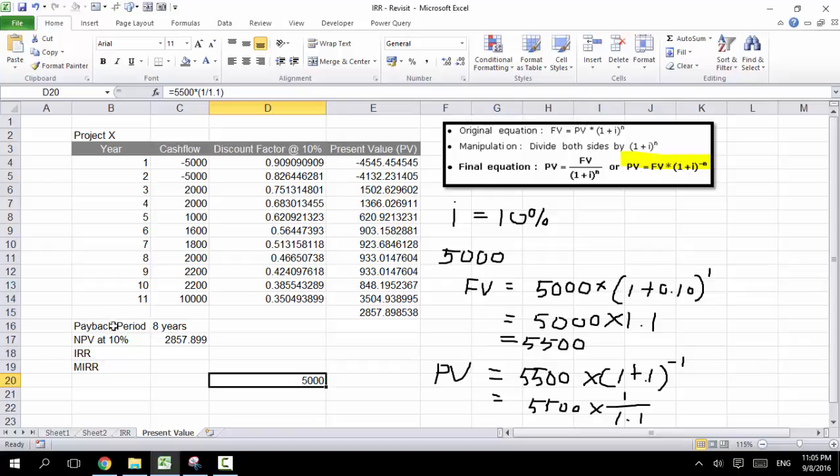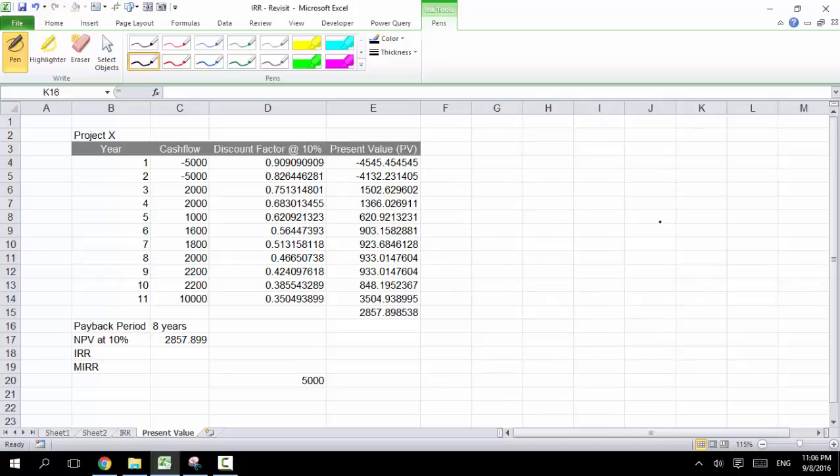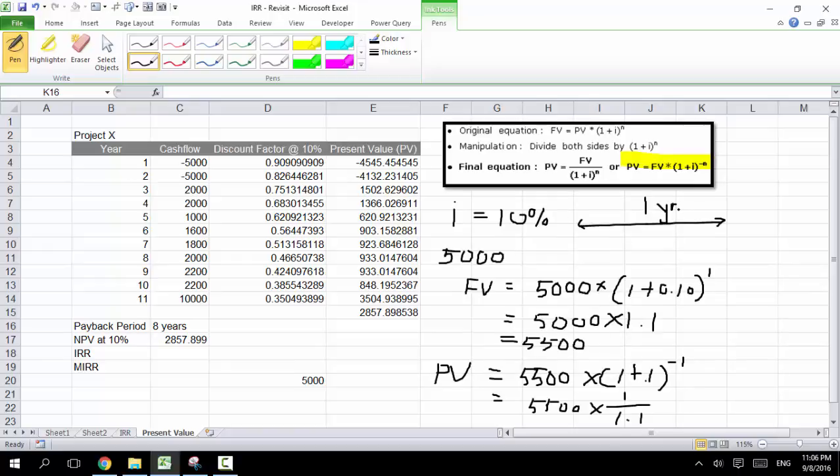So you can see that the time changes that. We draw a line somewhere here. So in 1 year's time, is time equals money?